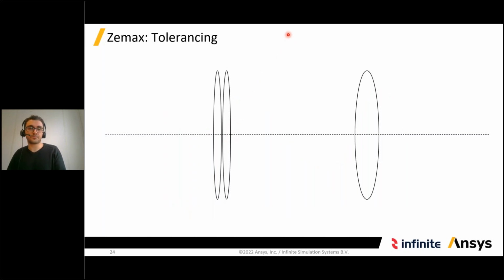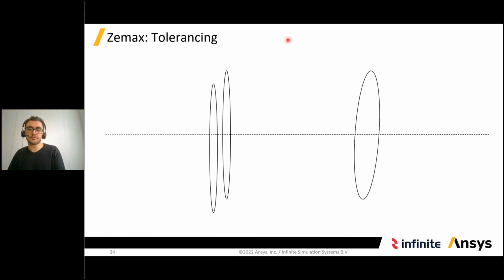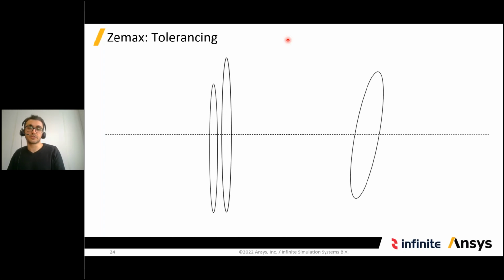Tolerancing. So no optical system is perfect. There are always little problems in it. So for example, your lenses can be misplaced, they can be tilted, or they can have the wrong dimensions. And the question is not if this will happen, but how much.